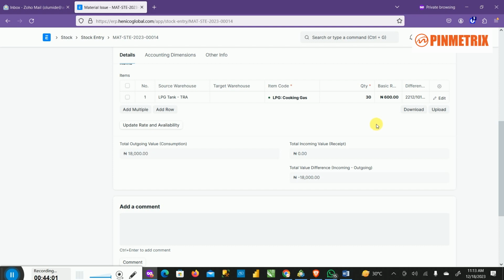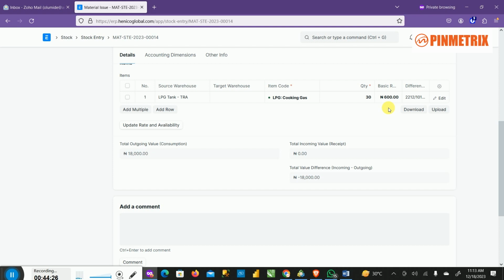So this particular database is on weighted average. So the system has computed at this point that the weighted average of this product, as at when you are capturing this transaction, is 600 naira. And when we captured it earlier, it was 550. It's 550 because you are bringing in the item.